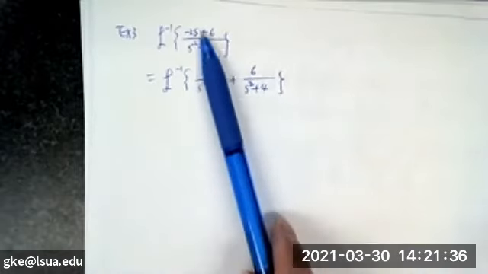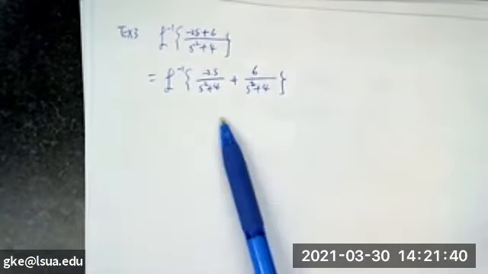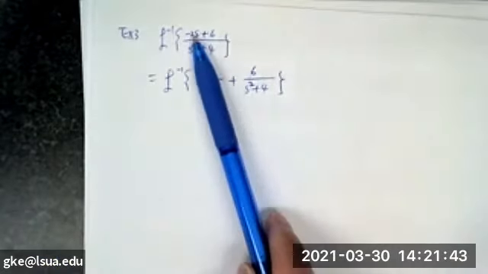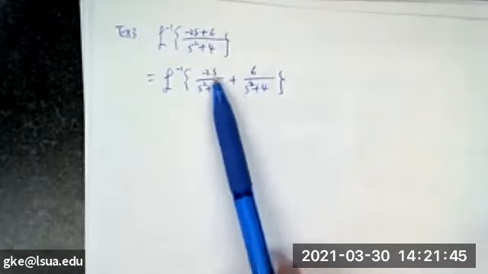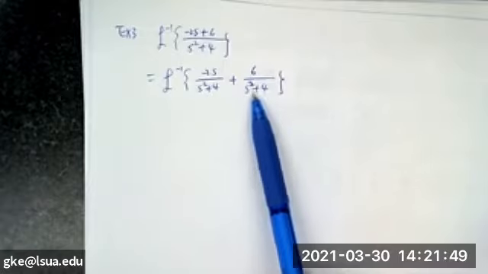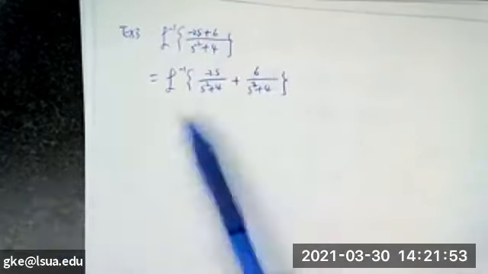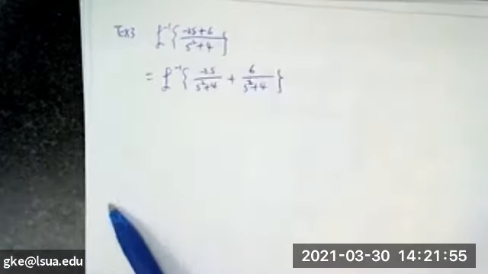We split into two fractions. If we add them together, the least common denominator is s squared plus 4, so the numerator gets negative 2s plus 6. So it's a reverse process.